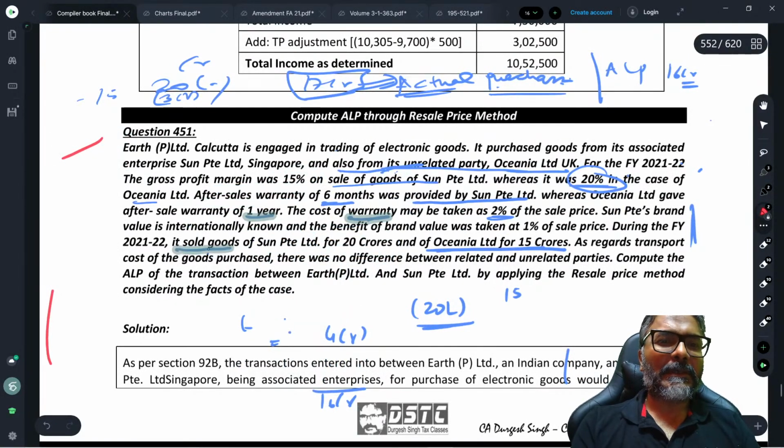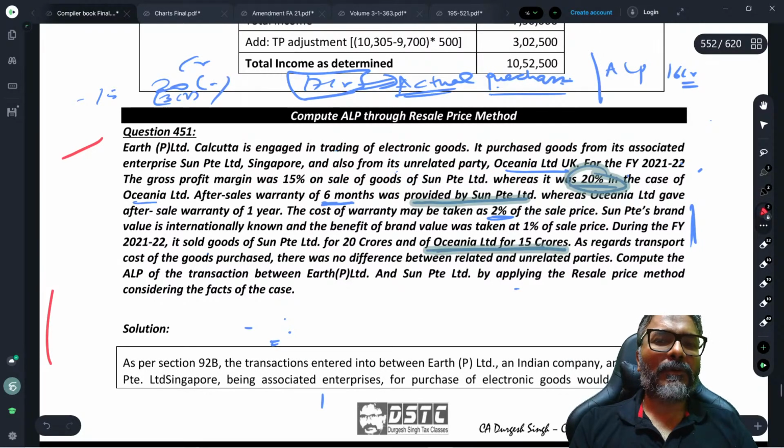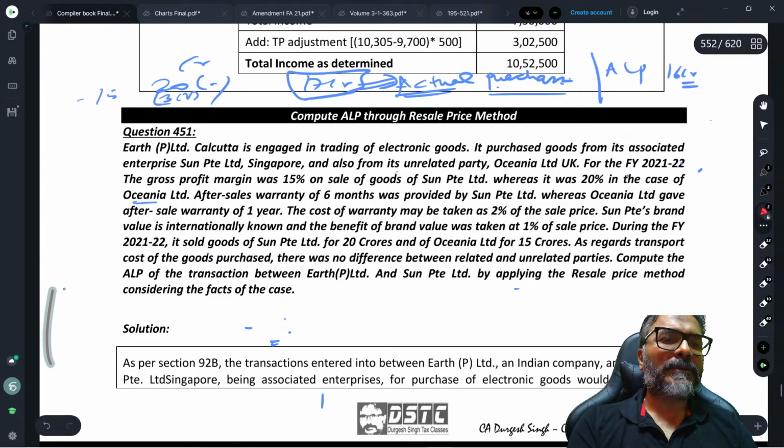Now, students, this question, you just mark it to be one of the important questions in this context. In the ICI module, 2 new questions were framed on transfer pricing.